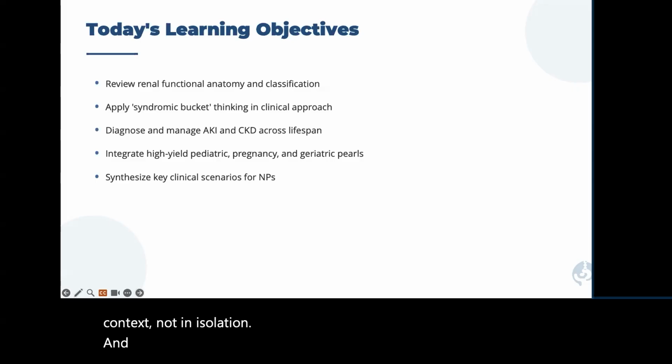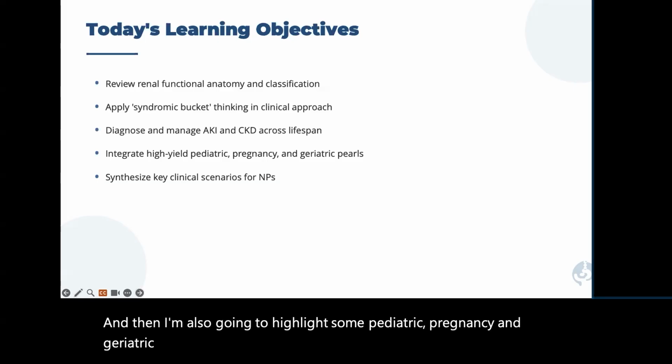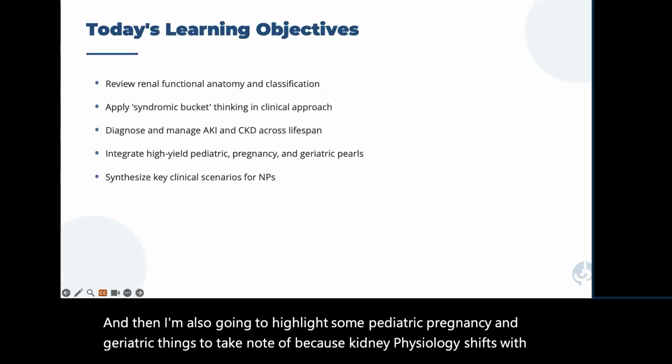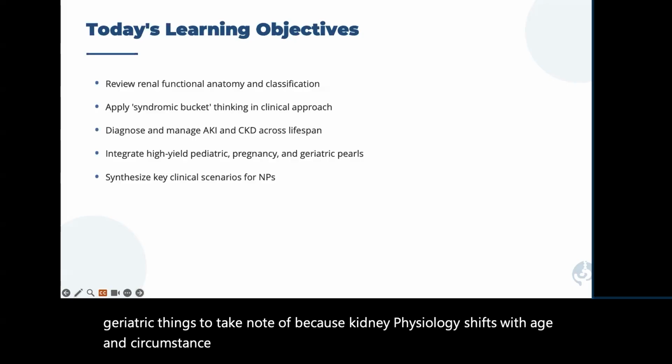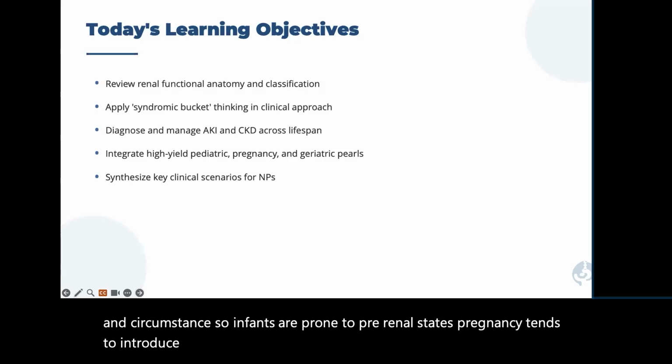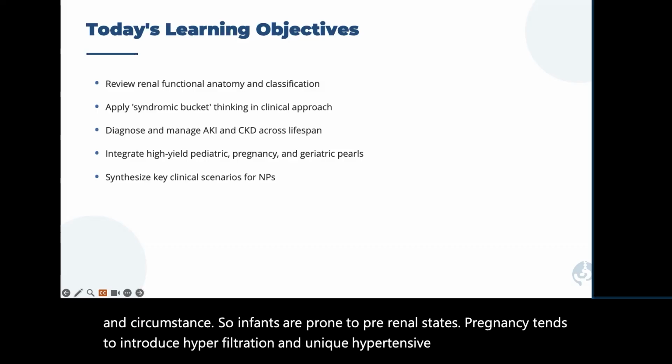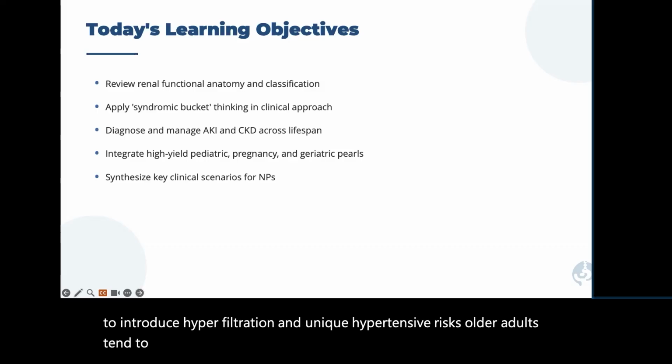And then I'm also going to highlight some pediatric, pregnancy, and geriatric things to take note of because kidney physiology shifts with age and circumstance. Infants are prone to prerenal states, pregnancy tends to introduce hyperfiltration and unique hypertensive risks. Older adults tend to lose autoregulatory precision.